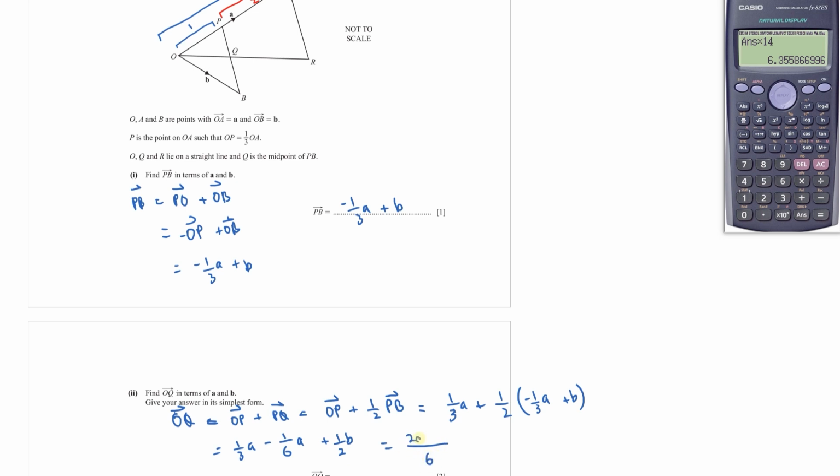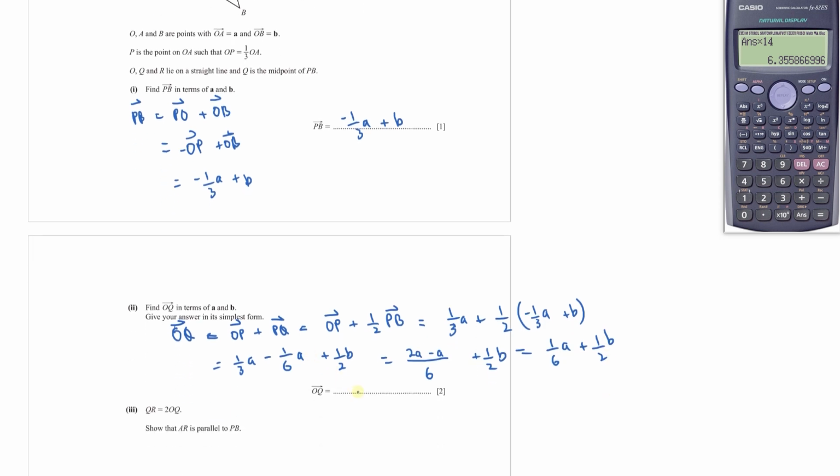This will be (2a minus a) over 6 plus 1 by 2 b. And then 2a minus a will be 1 by 6 a plus 1 by 2 b. So OQ can be written as 1 by 6 a plus 1 over 2 b.